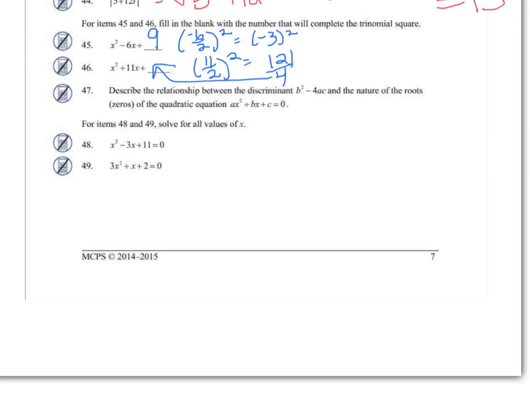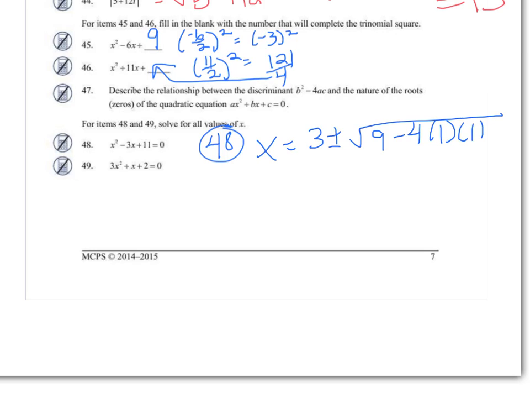So to solve 48, my first thing I would want to check is, does it factor? Nothing multiplies to 11 that adds to 3, so it doesn't factor. I could complete the square, but since b is odd, I really don't prefer to complete the square, so I'm going to use the quadratic formula. x equals negative b plus or minus the square root of b squared minus 4ac all over 2a.